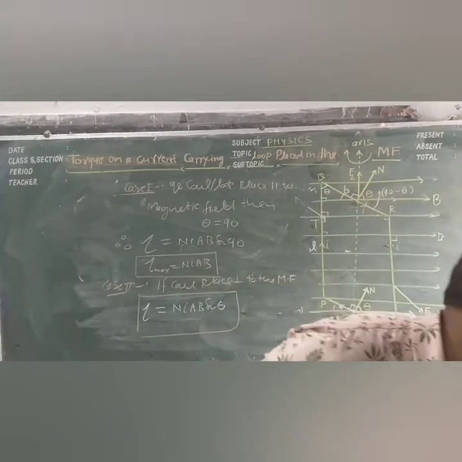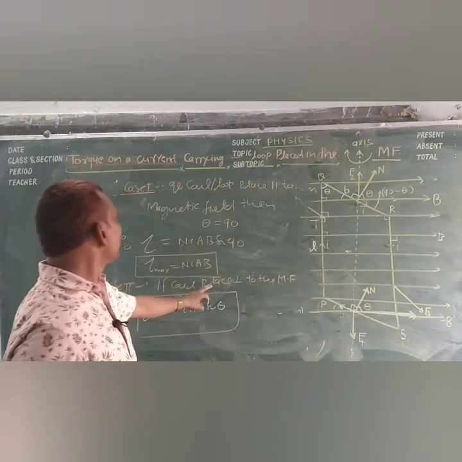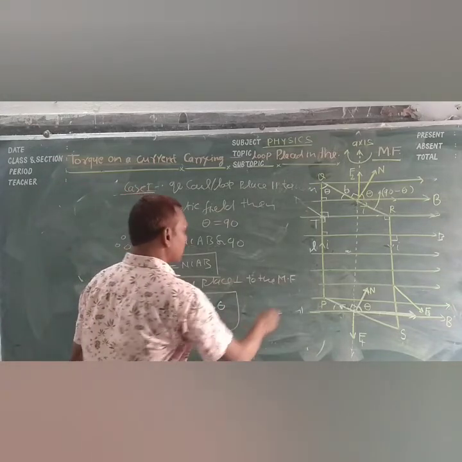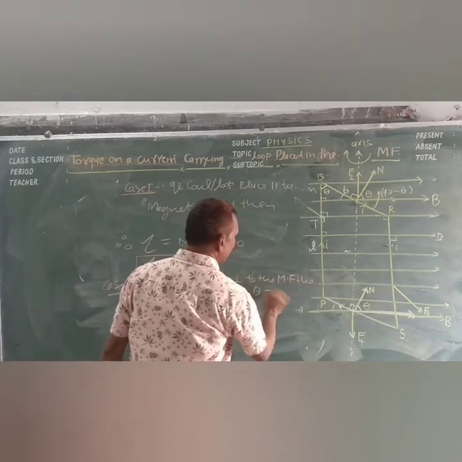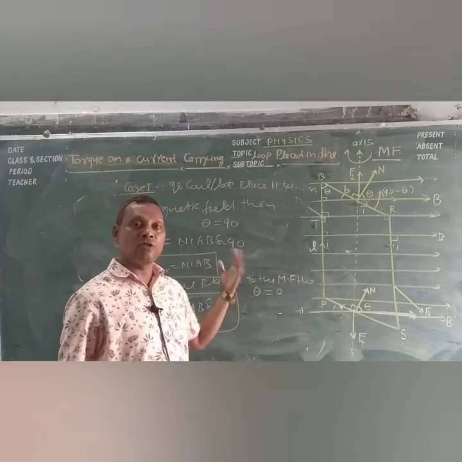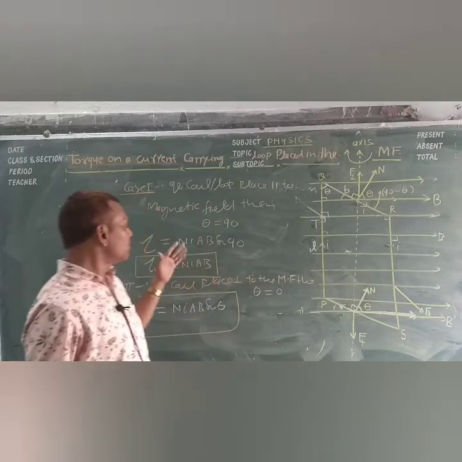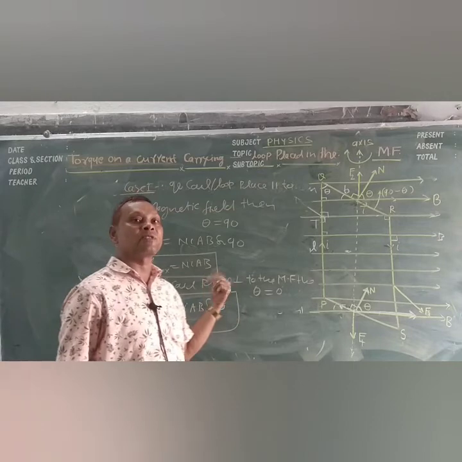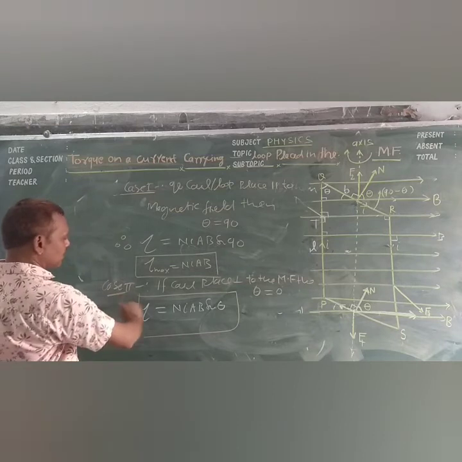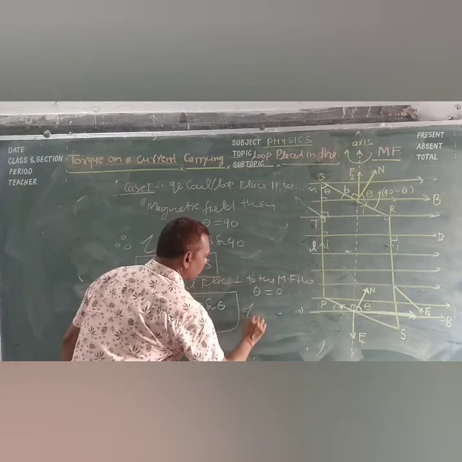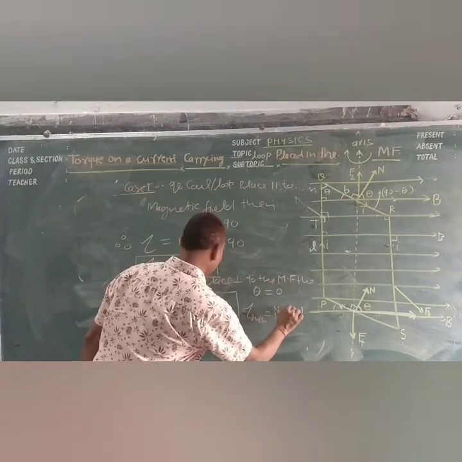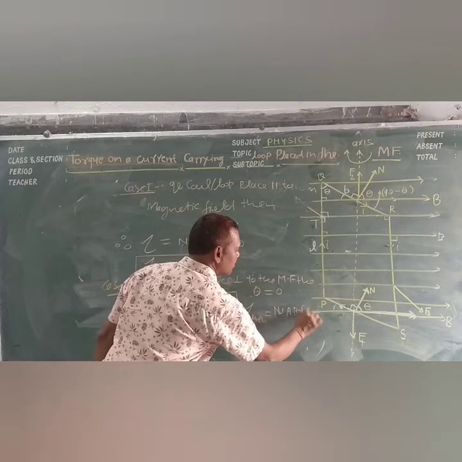So hence, if the coil is placed perpendicular to the magnetic field, then theta is equal to 0 degrees, and sin 0 also becomes 0, which is the minimum value of sin theta. So torque becomes minimum, given by tau minimum is equal to NIAB sin 0.